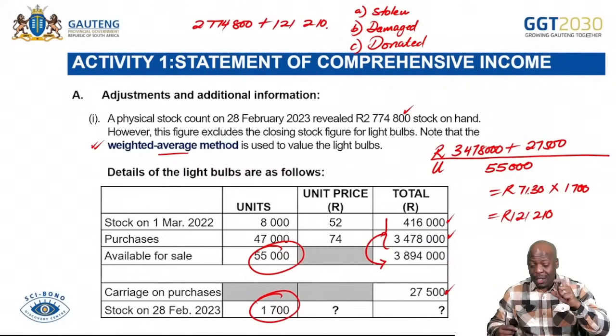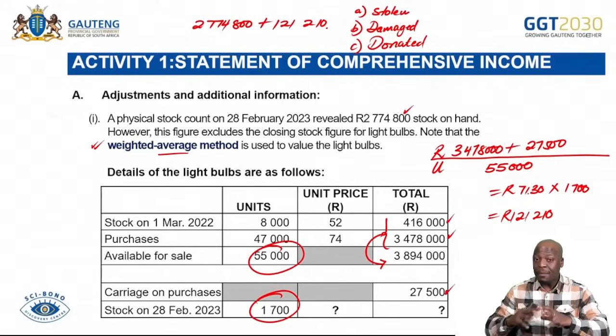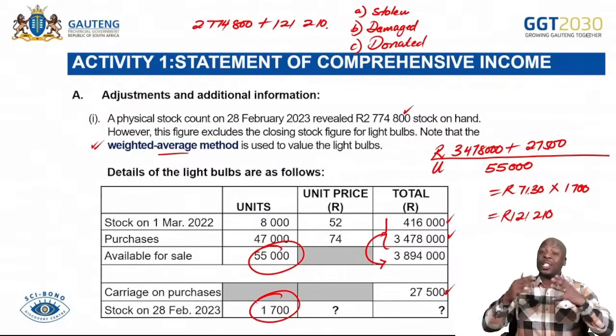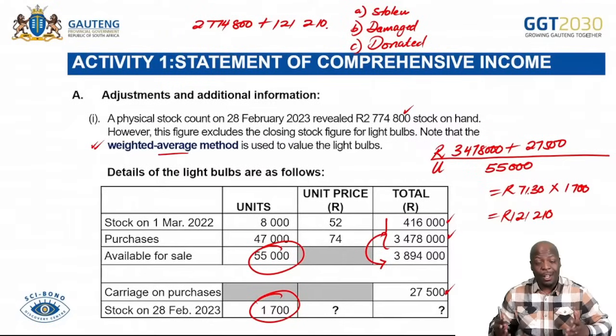But the first part, we have to calculate the stock that was not recorded. And in this instance, they brought us the weighted average. But remember, the examiner has so many options to explore. They can talk about stock stolen, stock damaged, or stock donated, or an invoice that was incorrectly recorded. What is important is that you expose yourself to several ways of doing this very same adjustment.